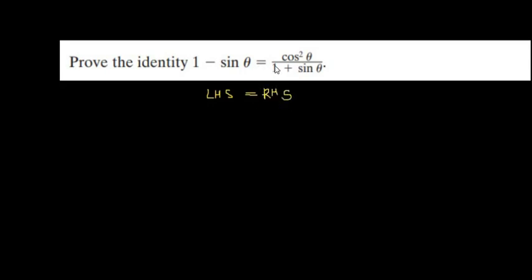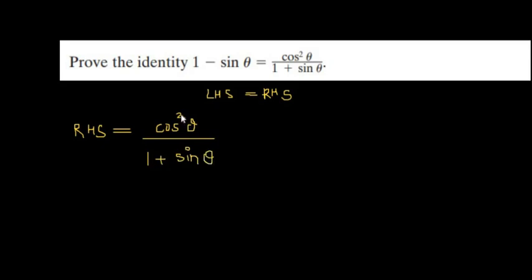Now in this case, the more complicated one or the more terms, you can find it in the RHS. So I'm going to use the RHS and write it as, RHS is equal to cos square theta over 1 plus sine theta.